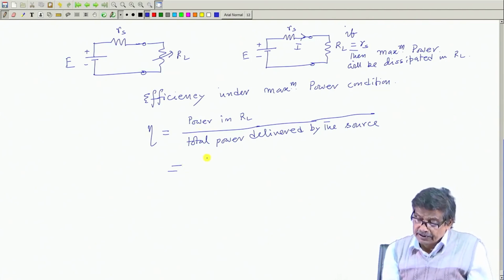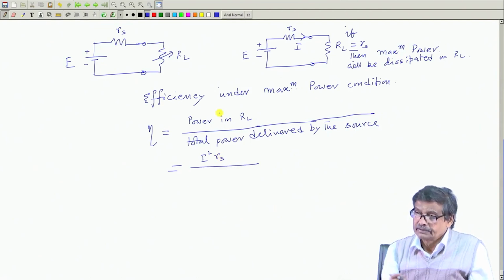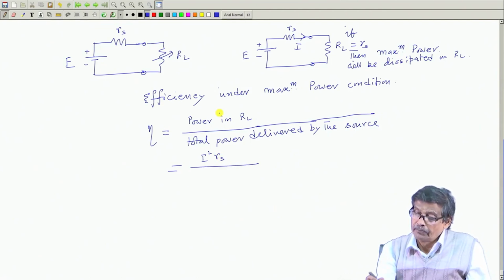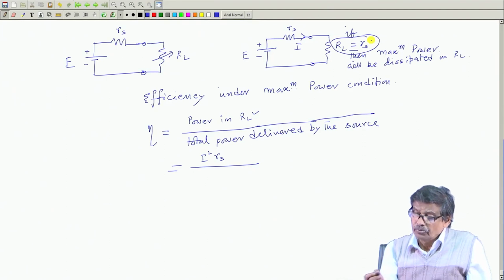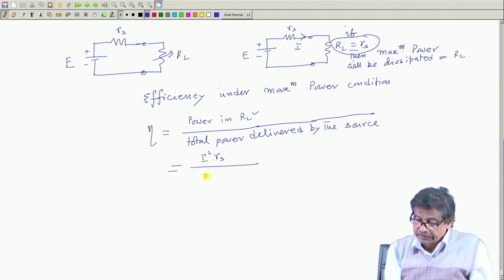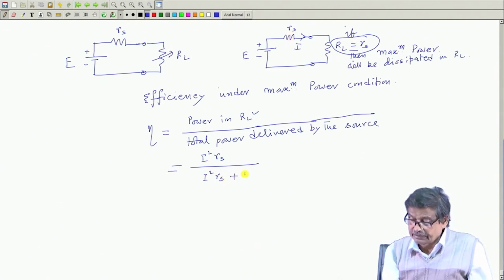Now, what is power in R_L? Under maximum power condition, it is I square into R_S. This is the power delivered in R_L, because R_L equal to R_S then. What is the input power? Two ways you can calculate. It will be the output power, that is I square into R_S, plus another I square into R_S, which will be lost inside the source resistance.